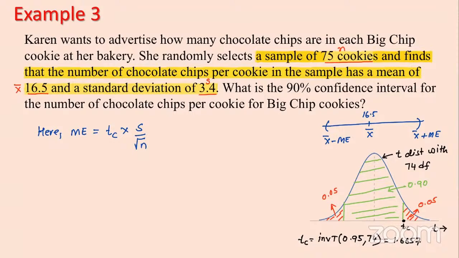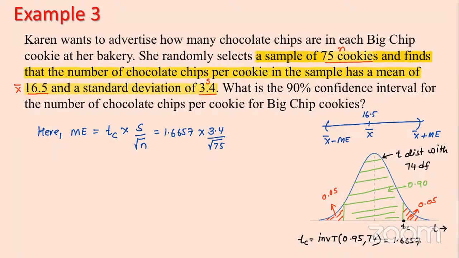Okay, now let's use that value and calculate our margin of error. So we are going to plug in the value of T critical into the equation for margin of error. So let's do that. So T critical is 1.6657, then multiplied with the standard deviation of the sample, 3.4, and divide that by the square root of the sample size, that is the square root of 75.